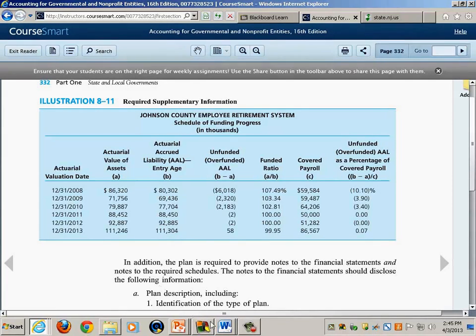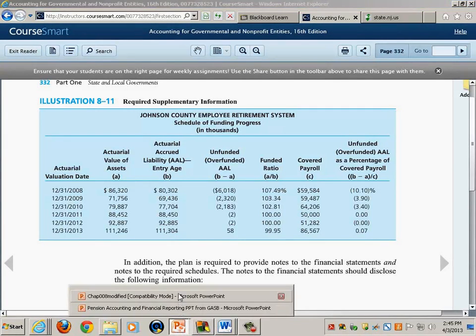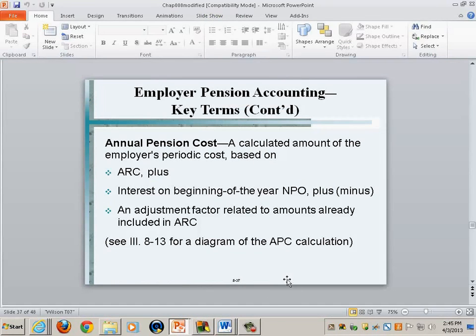Now let me just go back, because I want you to understand a couple of other things. If you have a pension plan which is underfunded, what does it mean? You have a liability out there. Are you going to leave the liability standing?